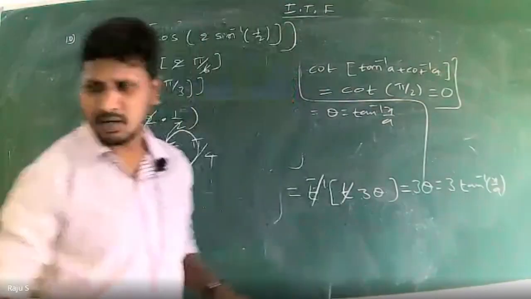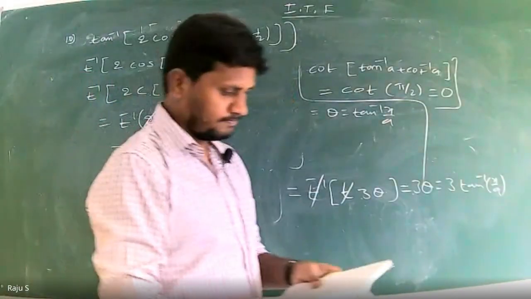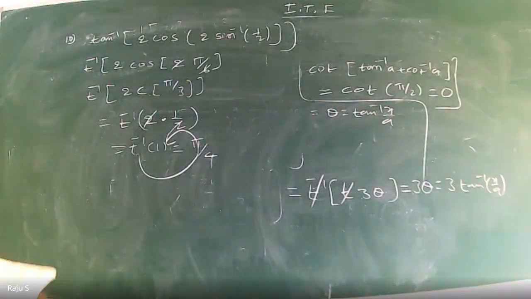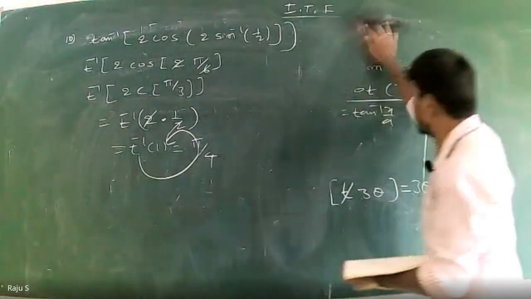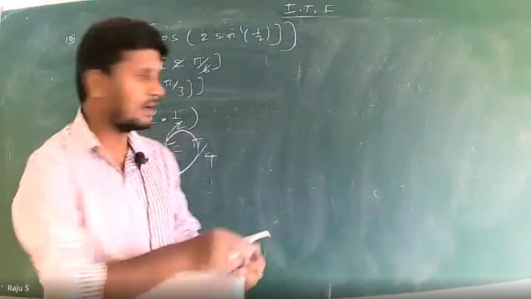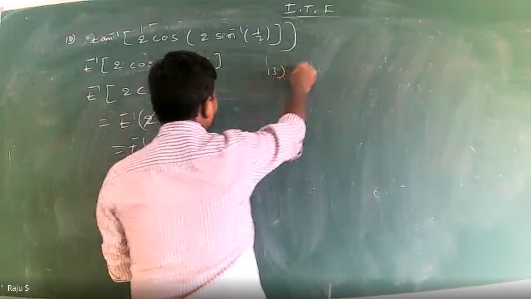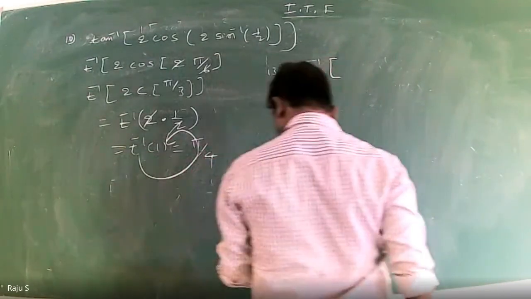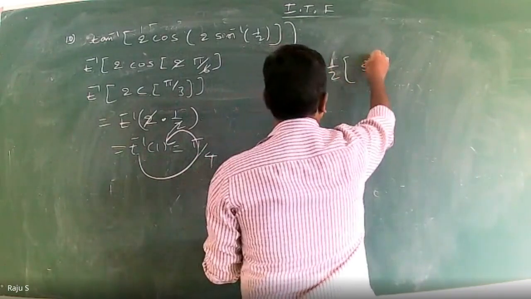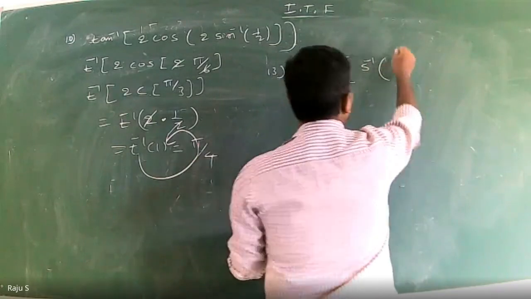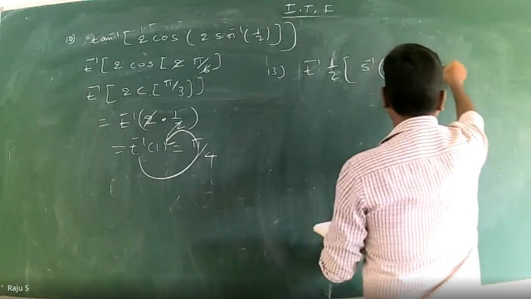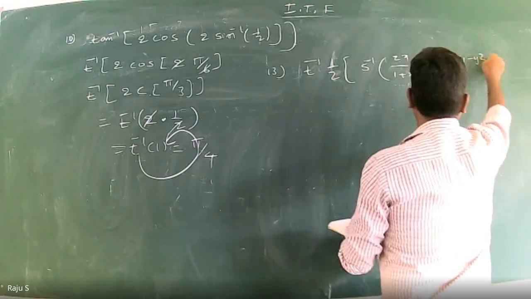Okay, next, question number 13. It is also very easy, but you should remember the formulas and properties, which I have already written. 13 is: tan of 1 by 2 bracket sin inverse 2x by 1 plus x square plus cos inverse of 1 minus y square by 1 plus y square.